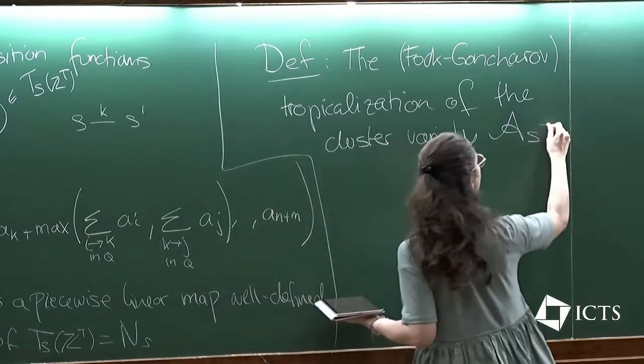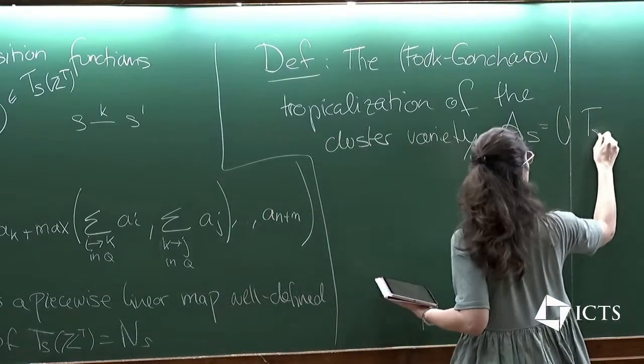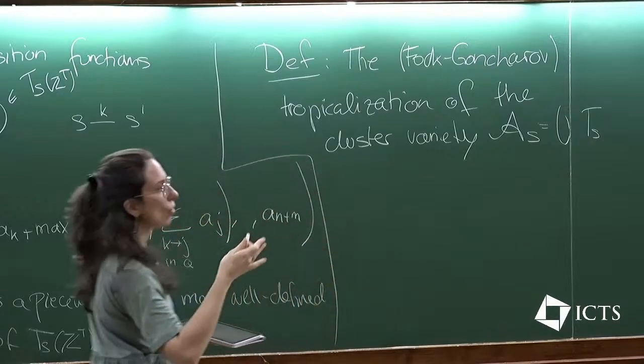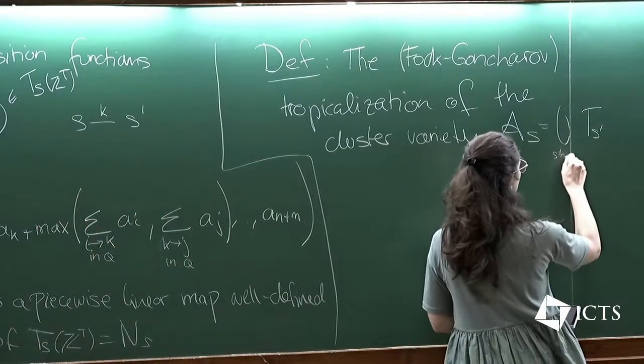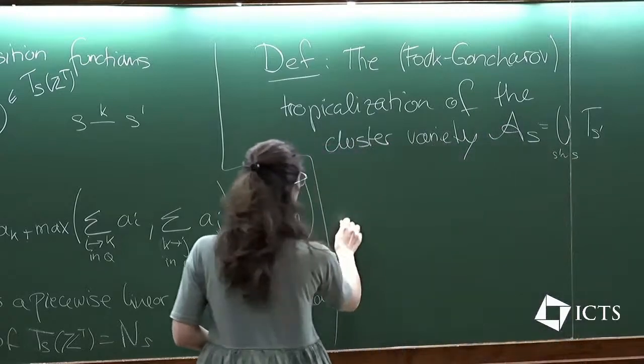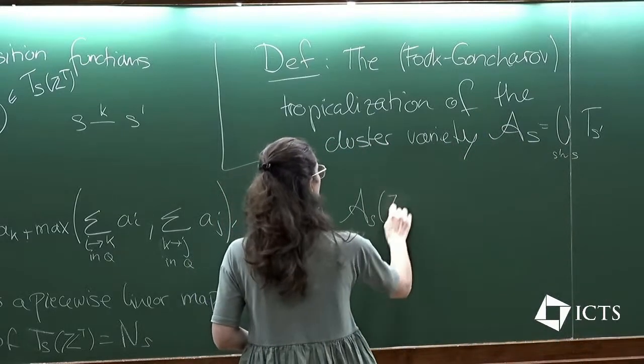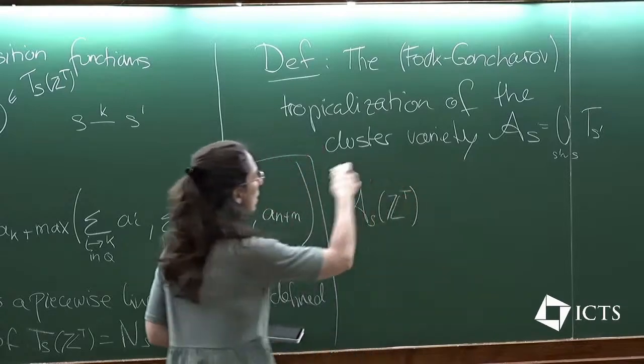This A_S was just the union of the tori glued along these mutation maps. And its tropicalization, I will denote it like this, where S is a seed all the time.